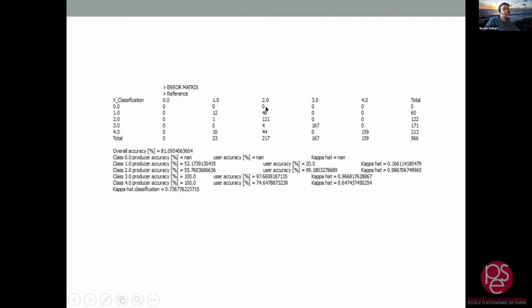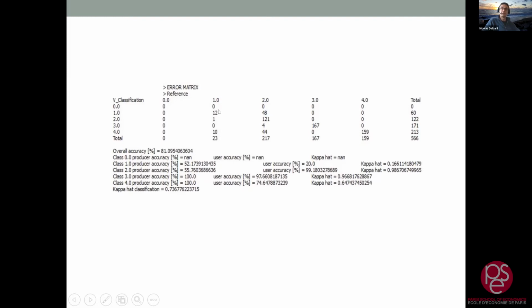The same for class 2. Among the 217 pixels of class 2, 121 pixels are classified as class 2. Some of them are not classified correctly. So basically, from this sort of matrix, we can have several statistical indicators of the quality of the classification.